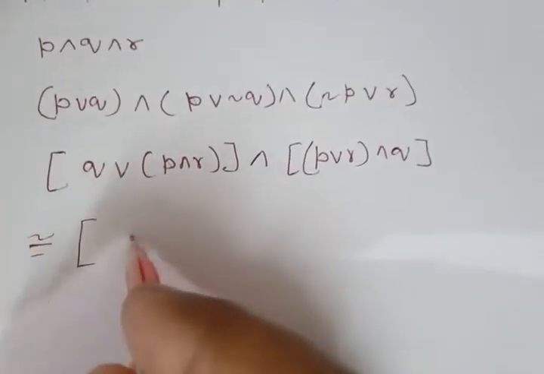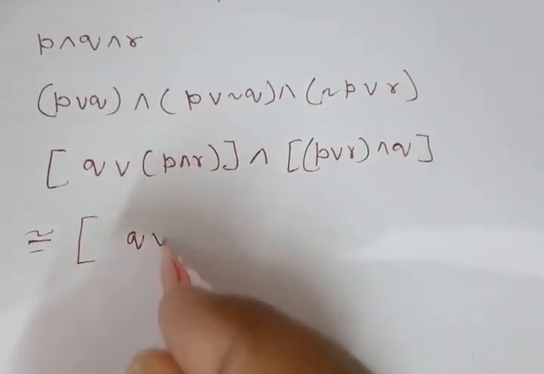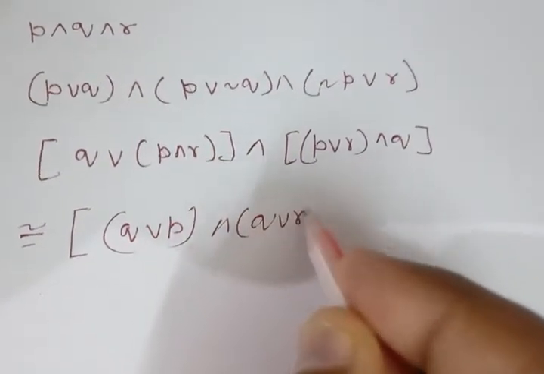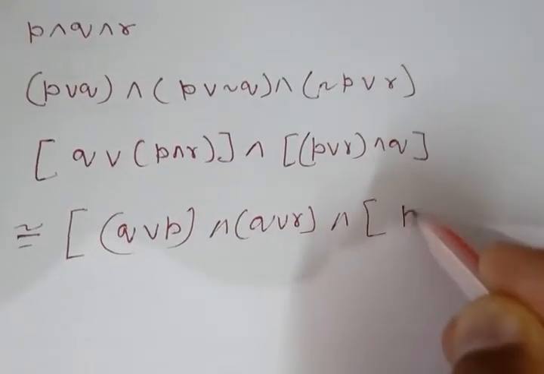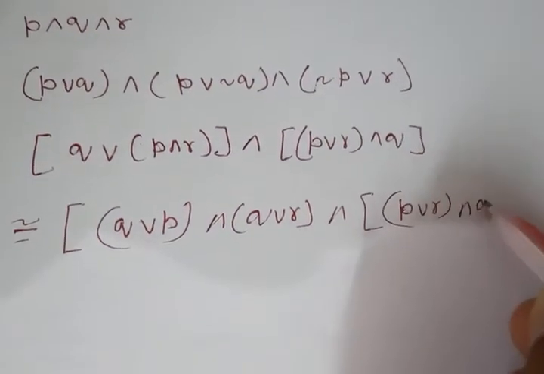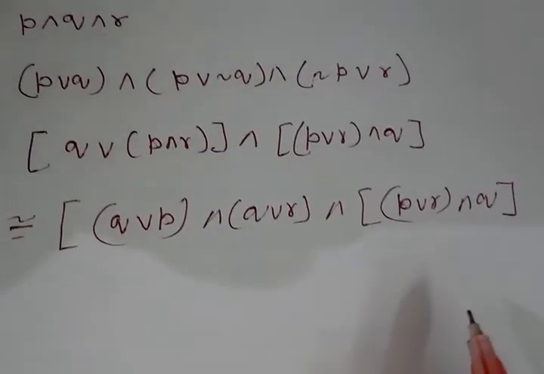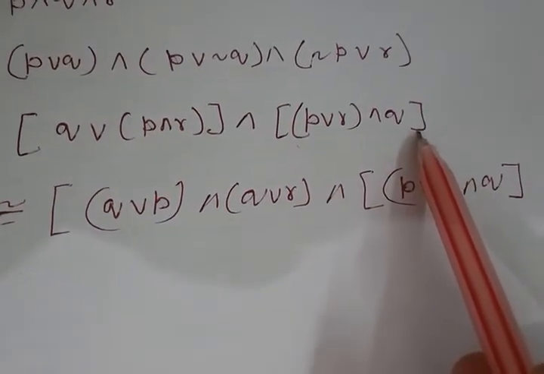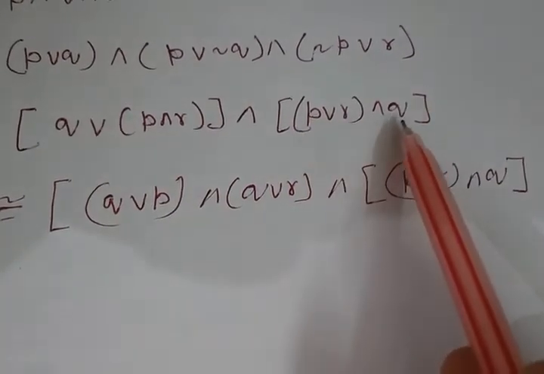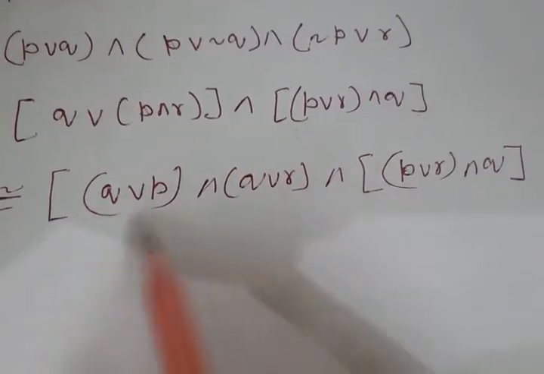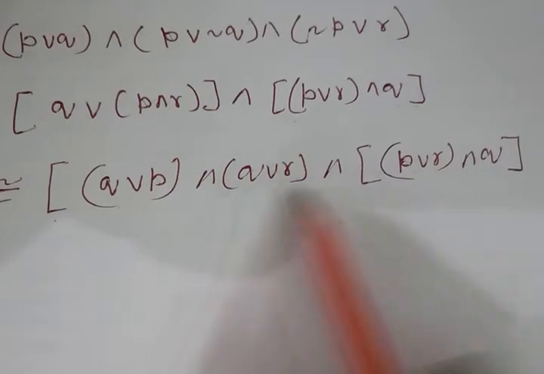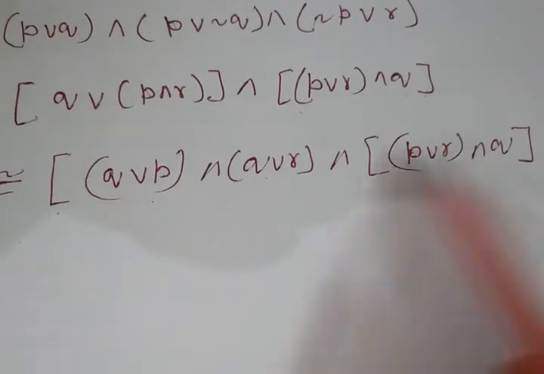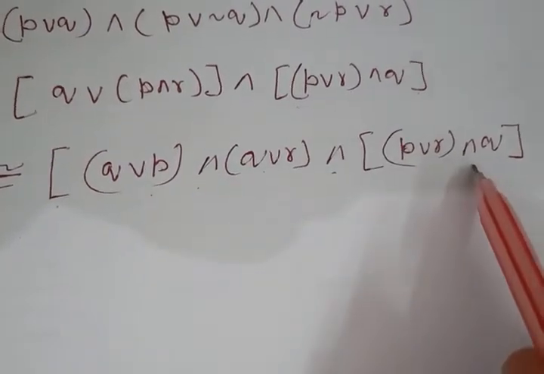So on applying the distribution law, we obtain Q or P conjunction Q or R conjunction P or R conjunction Q. We do not apply the distribution law in the second part of the compound statement because it is already in CNF form. Now in this simplified portion, we see that all the components are in conjunctive form.